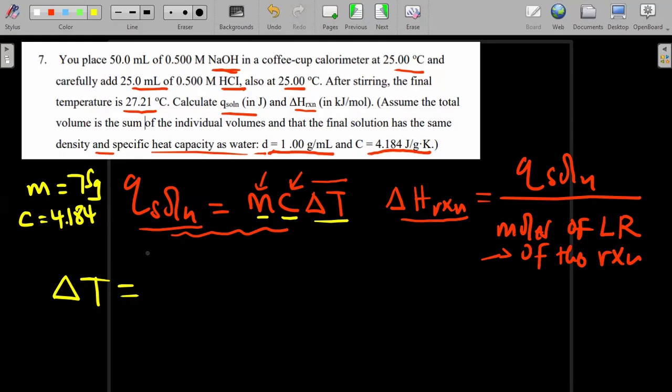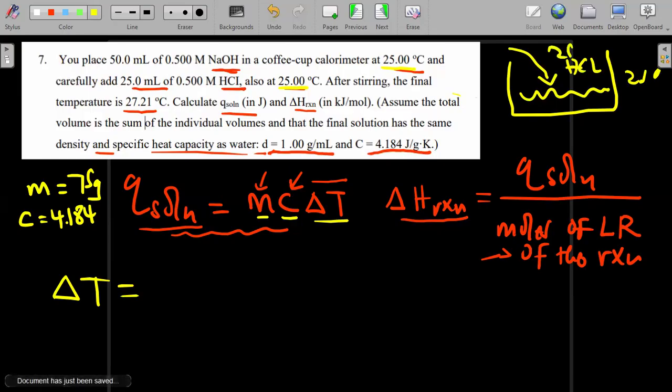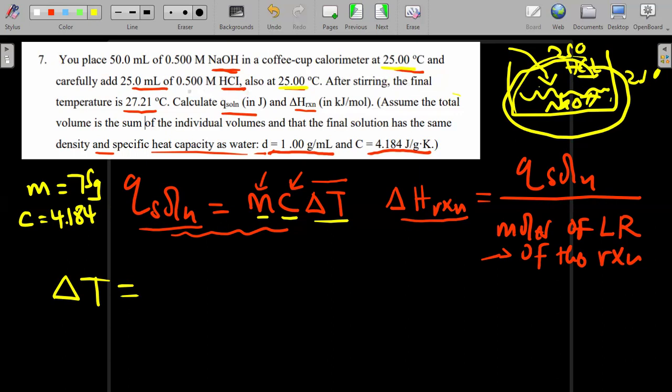Remember, these two solutions that we are mixing were both at 25 degrees Celsius. It's like you have sodium hydroxide here, which is at 25 degrees Celsius, and then you add an acid, which is hydrochloric acid, also at 25 degrees Celsius. Once the hydrochloric acid and the sodium hydroxide react, the resulting solution has a temperature of 27.21 degrees Celsius.